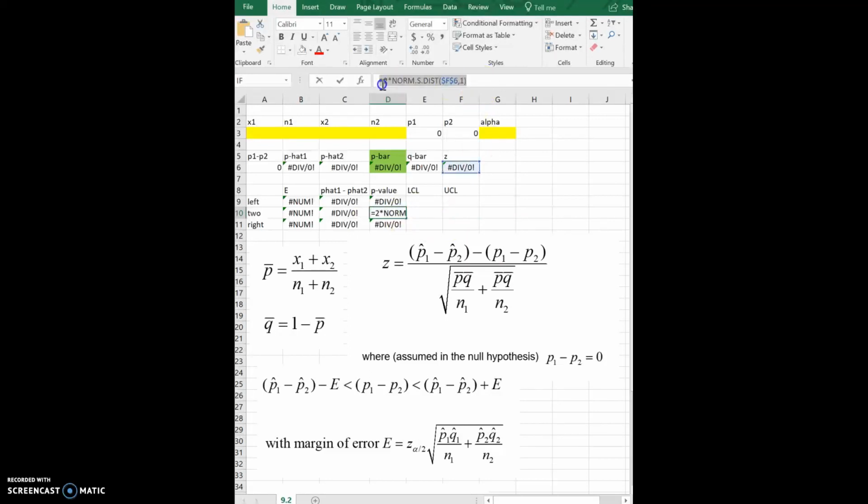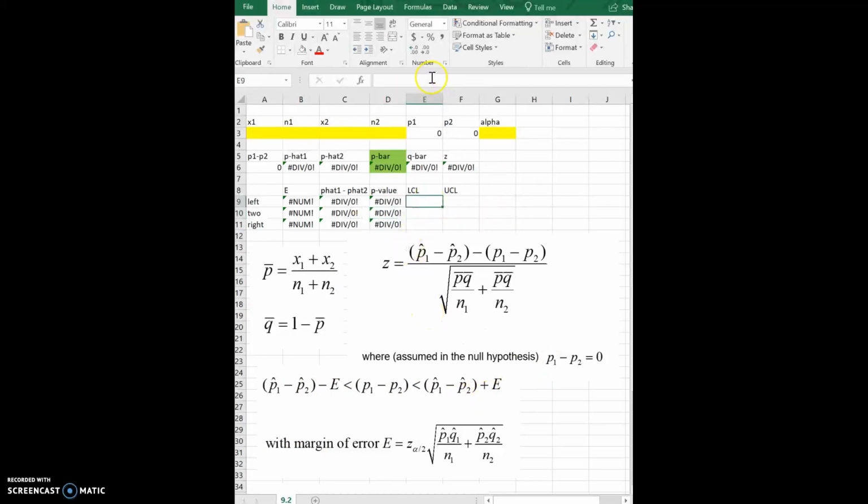So I'm actually going to go ahead and put this in here. So I'm going to do IF, open parentheses, this z-score is less than 0. So if I have a negative z-score, then I'm going to use my left-tailed test. So I'm going to do 2 times this particular test. And if it's not that, then it's going to do the other one. So I want it to do 2 times D11, which is going to be this one. So that way it'll always be positive. It'll give me a positive answer. That's why.